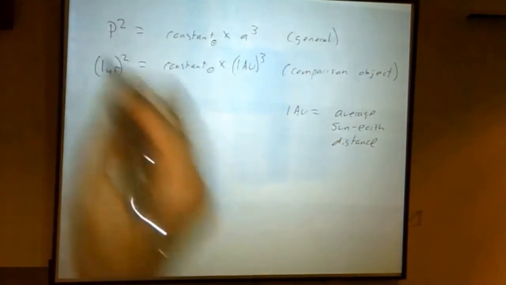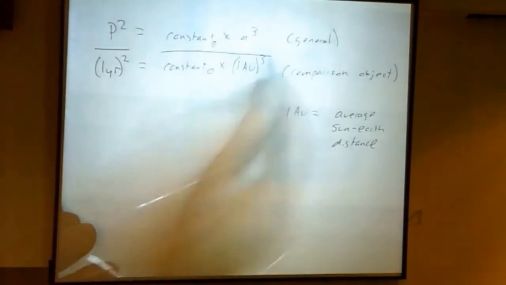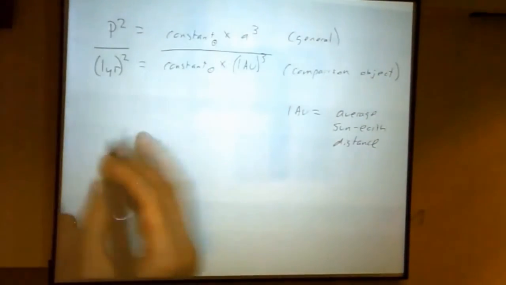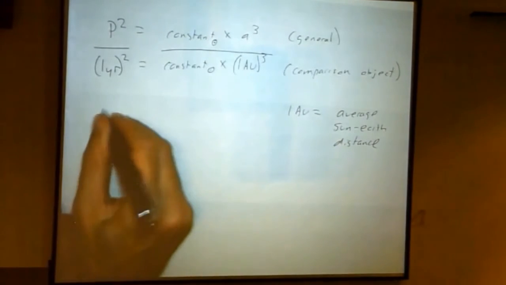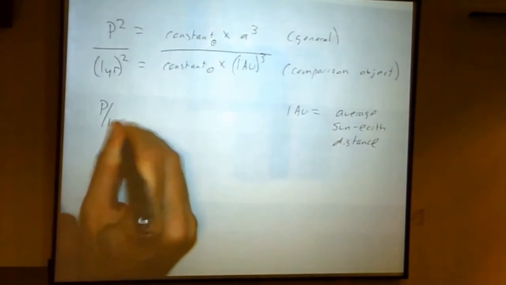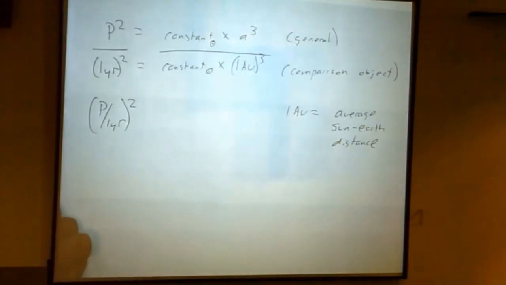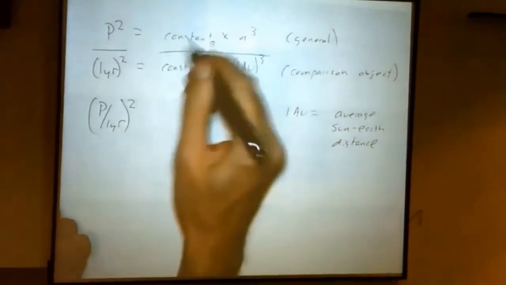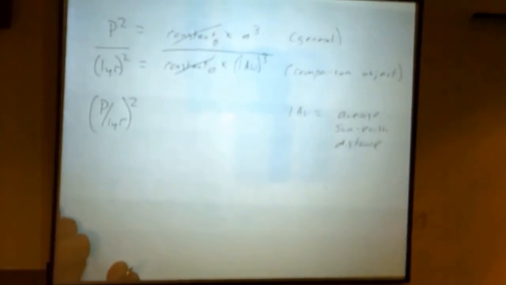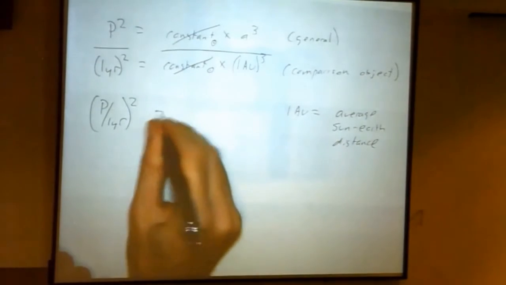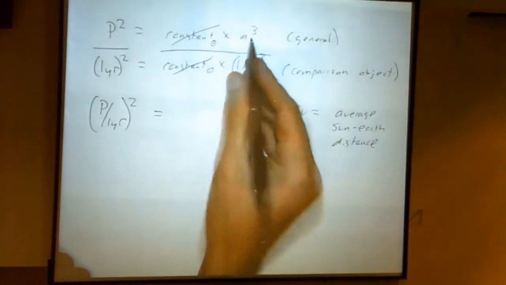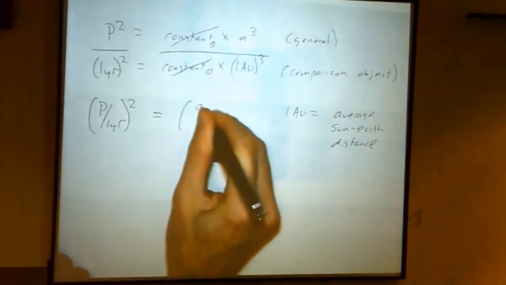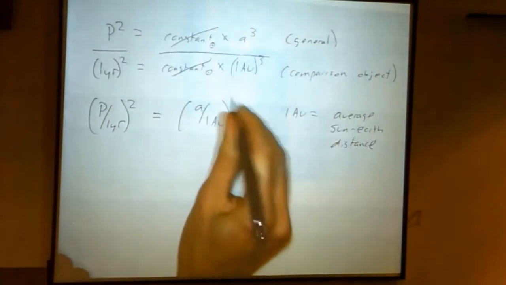Let's divide these two equations and simplify. On this side, we have p squared over 1 year squared, so we're going to write that as p over 1 year, whole thing squared. The constants cancel out. This is what makes it easy. And then over here, a cubed over 1 AU cubed, we'll write that as a over 1 AU, quantity cubed.